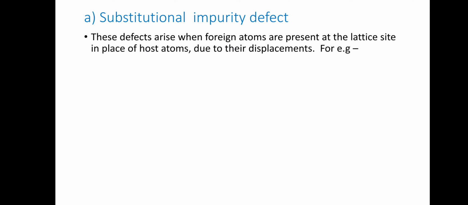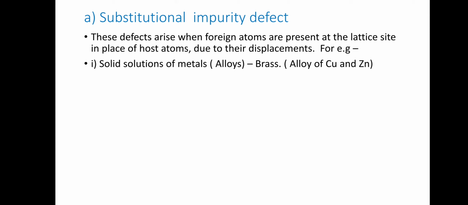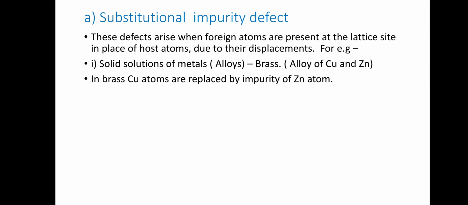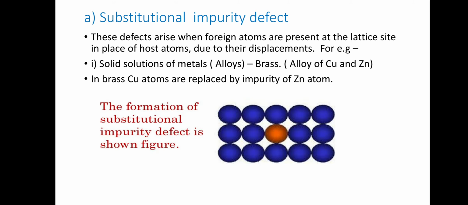Now let us first see the substitutional impurity defect. This defect arises when foreign atoms are present at the lattice site in place of host atoms due to their displacement. For example, an alloy, that is brass, an alloy of copper and zinc. In brass, copper atoms are replaced by zinc atoms.